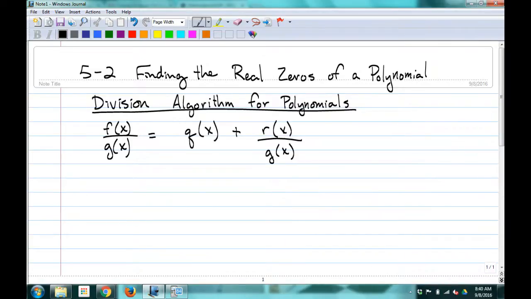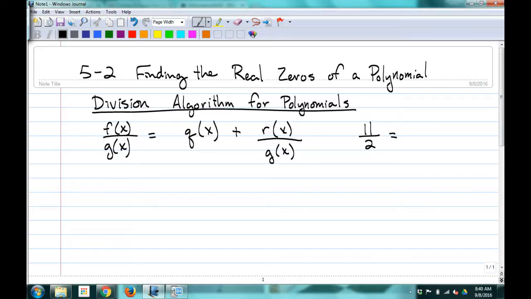And then you get a remainder. Sometimes your remainder is 0. Sometimes your remainder is a number. Since we're dealing with polynomials, sometimes your remainder is like x plus 4, something like that. So your remainder can be different things. This is basically like when you were in elementary school and had the fraction 11 over 2, and a lot of times you did mixed numbers.